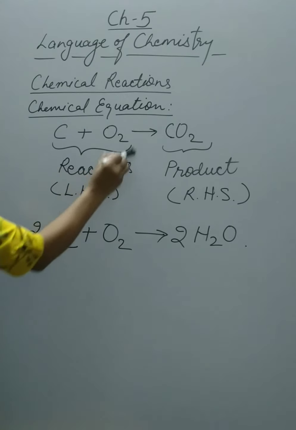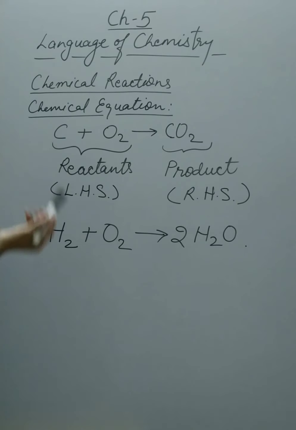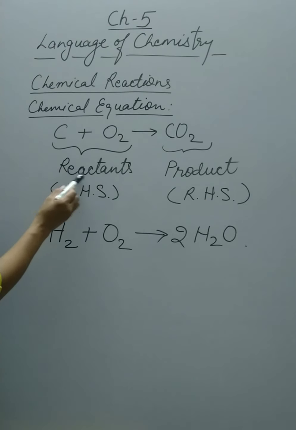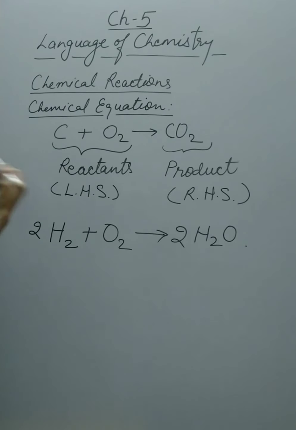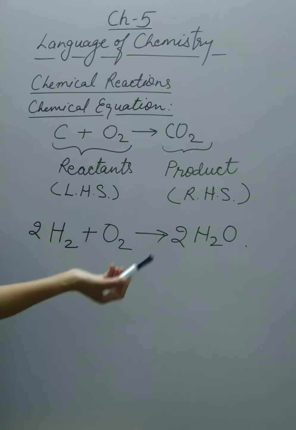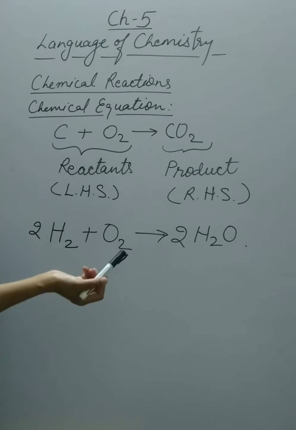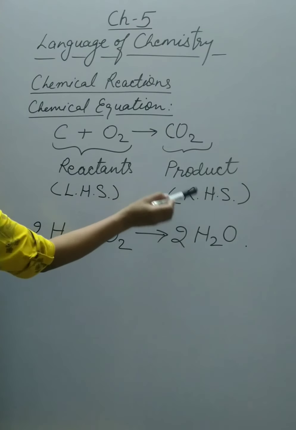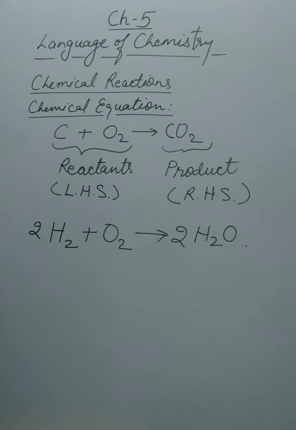The first part is the substances taking part in a chemical reaction, the substances undergoing a chemical change, which are known as reactants, and they are always written on the left hand side of the equation. The other part is the substances formed as a result of the chemical reaction, and those are called products, and products are always written on the right hand side.